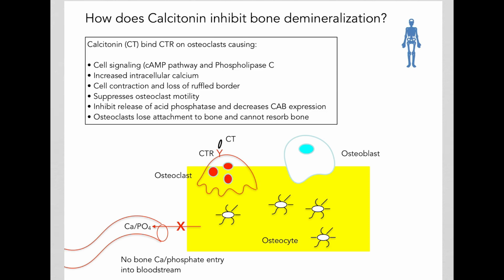So due to these effects, the osteoclast will lose its attachment to the bone and its ability to resorb bone is reduced. And this means without bone demineralization, remember, bone is the largest source of calcium and phosphate in the body, there won't be any calcium and phosphate coming from the bone.